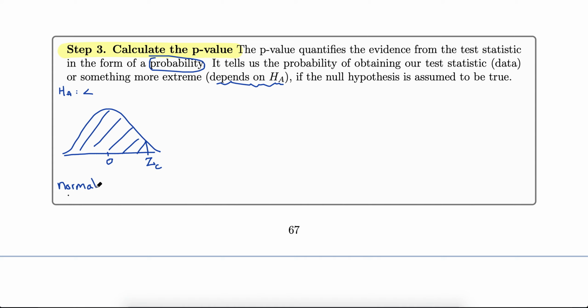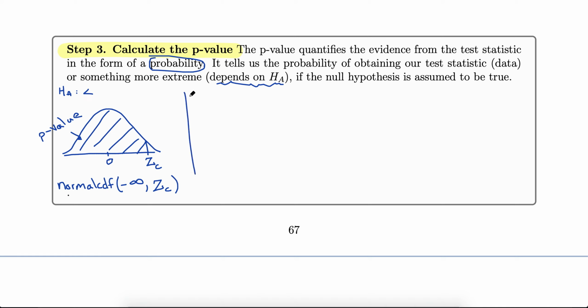My lower bound on this one should just be negative infinity, so put in your favorite big negative number here for negative infinity, up to my test statistic. So that's my p-value. Again, p means probability, the chances of seeing my data in terms of the z-score, or more extreme, and the "or more extreme" is defined by HA. So I'm shading less than because that's what my HA is.